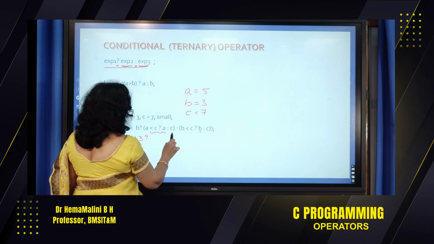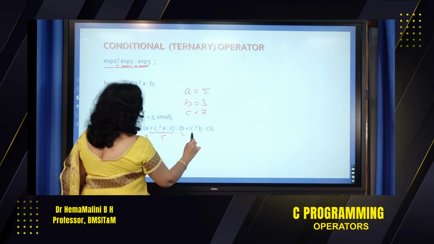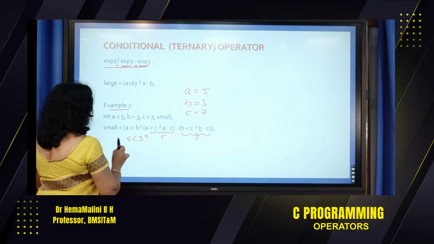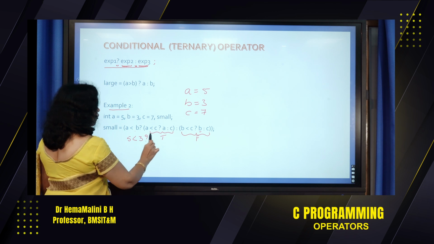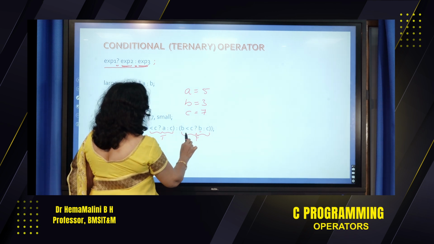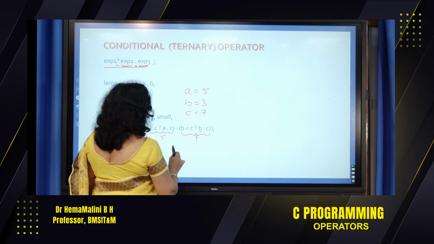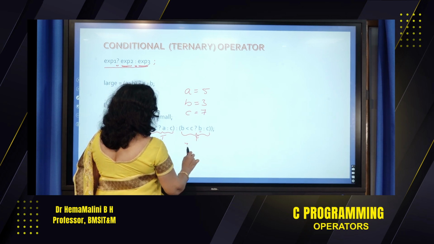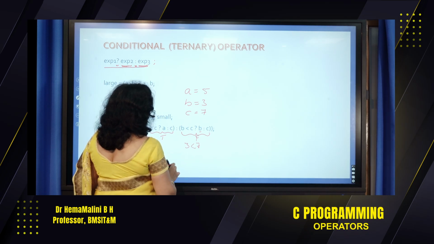So this is the true alternative. This is the false alternative. So 5 less than 3 fails. We have to go for the false alternative. So we will have to execute this. b less than c. So 3 less than 7. Is 3 less than 7?